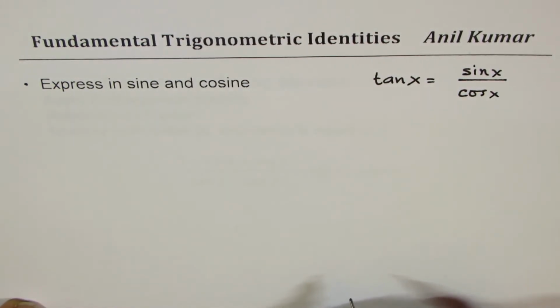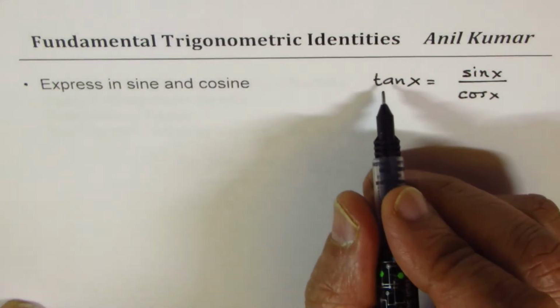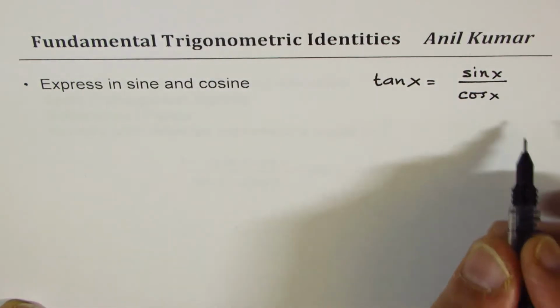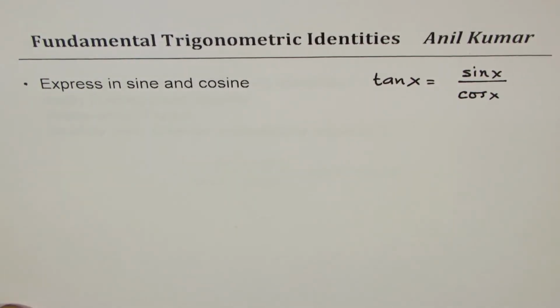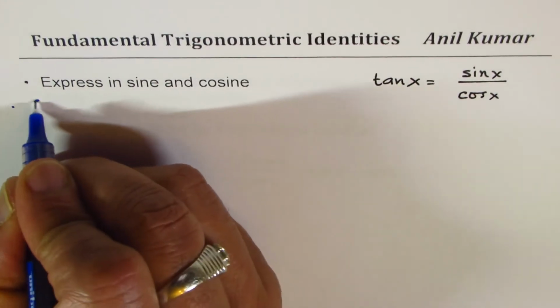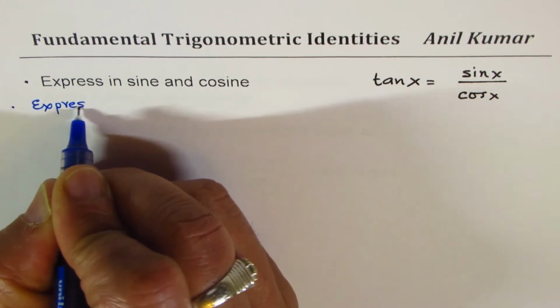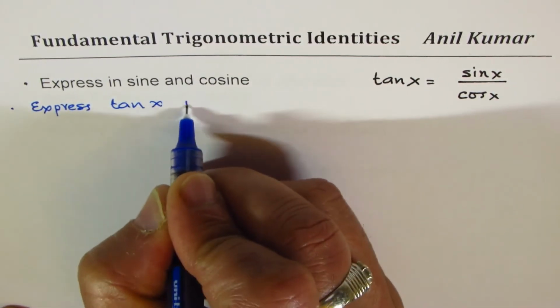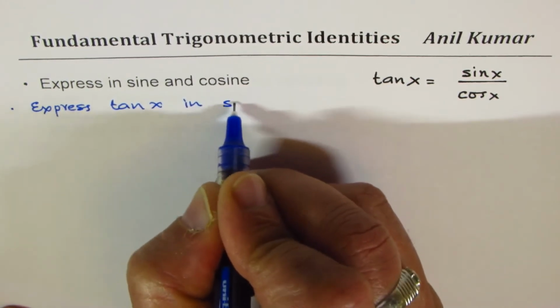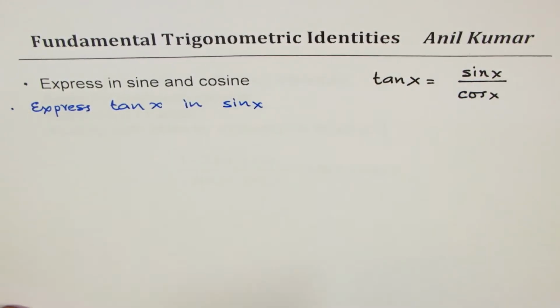But if I want to write tan only in sine or only in cosine, how can I do it? So let's take this exercise. In this exercise, what we'll do is express tan x in sine x. So not as a ratio of sine and cosine.